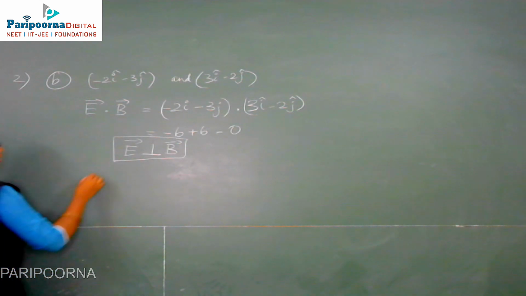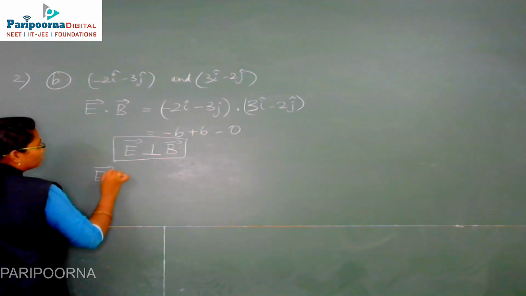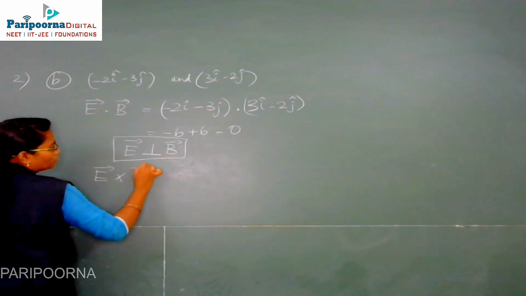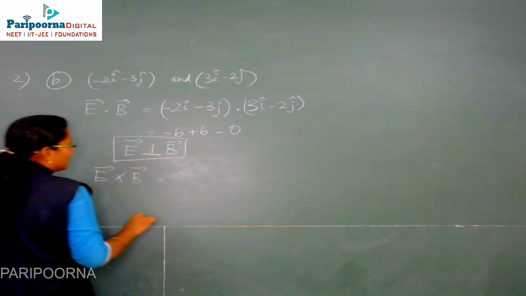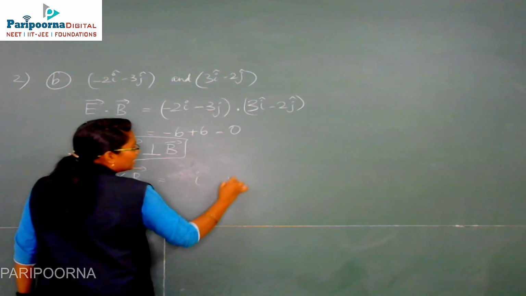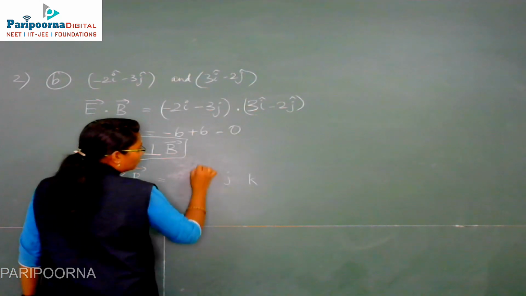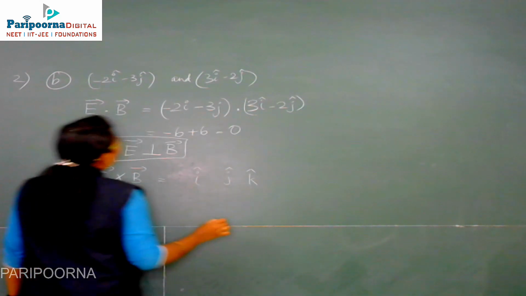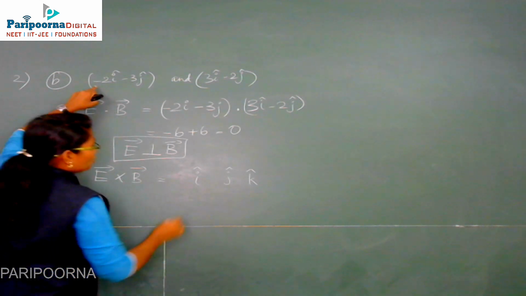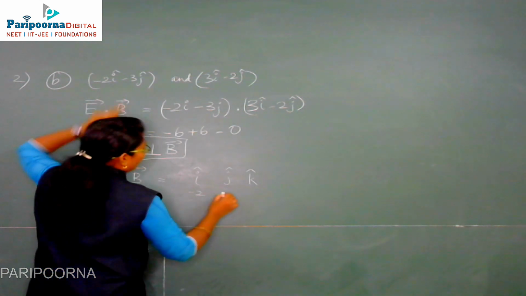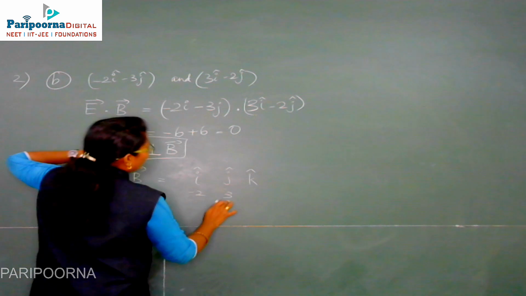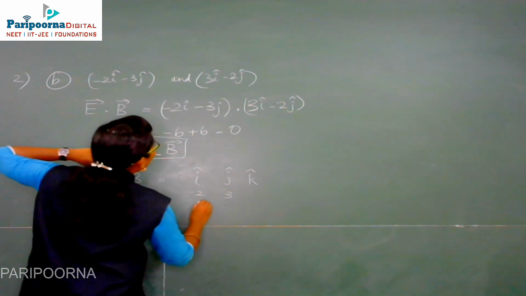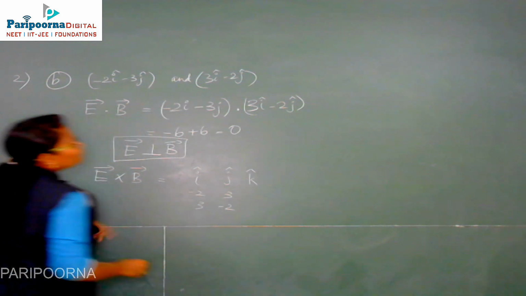Likewise, we are going to solve this in the matrix form. For that we can write i, j, k. Now, we can substitute the values over here: minus 2, minus 3, 3, and here it is 3, here it is minus 2.